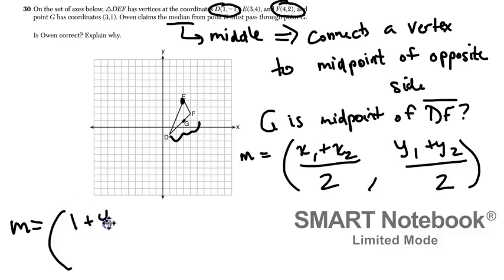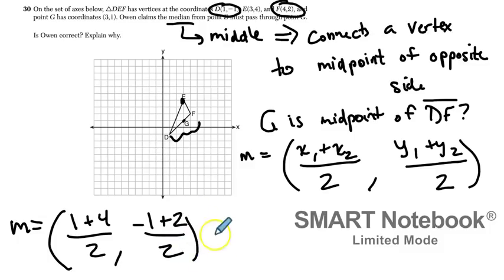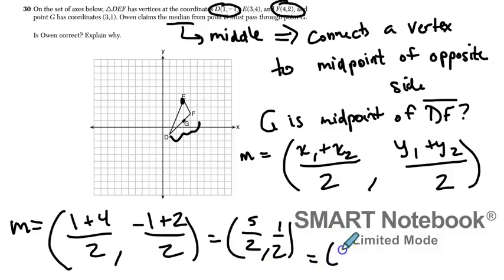So 1 plus 4 divided by 2, negative 1 plus 2 divided by 2, is equal to 5 halves and 1 half, aka 2.5 and 0.5. Owen claimed that it was 3, 1, when in fact it is not 3, 1, it's 2.5, 0.5. The midpoint actually lies right there. So it is close, not far off.